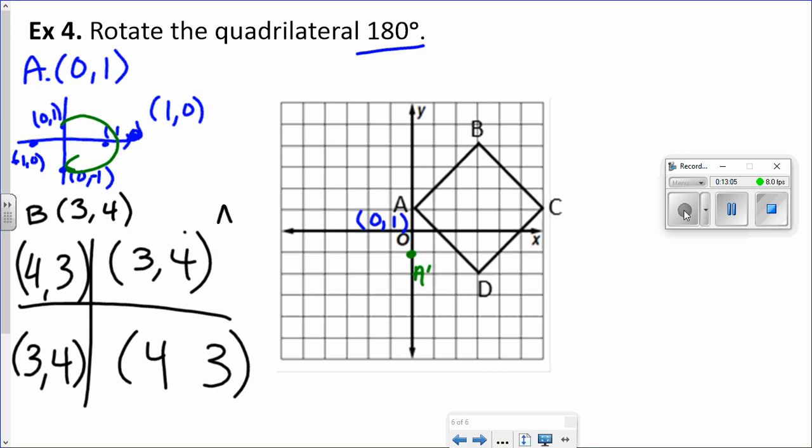So this is where we started. Here we need to be a positive, negative. Over here we need to be a negative, negative. And over here we need to be a negative, positive. And so we needed to move 180 degrees. We moved once, twice. So our new point should be at negative 3, negative 4. So we go negative 3, negative 4, plot our point. And that's where B prime would be.